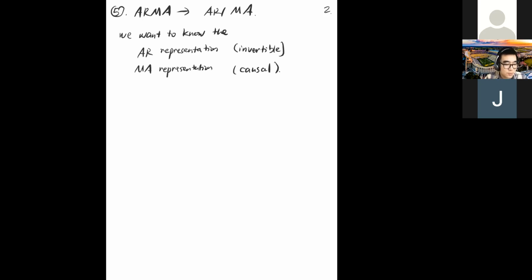So in those cases, we can again ask R to find the coefficients for us. Okay. So we will use R to find the AR or MA representations.